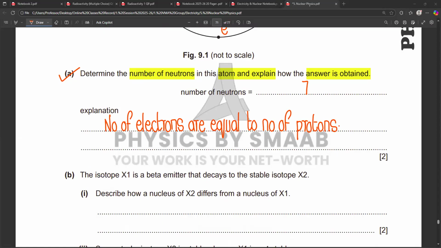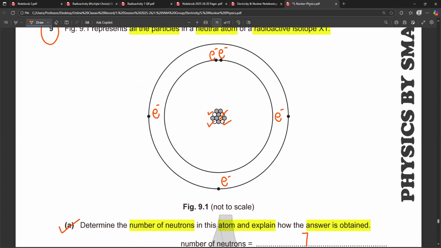So that's why in the nucleus we have a total of 5 protons present in the nucleus.